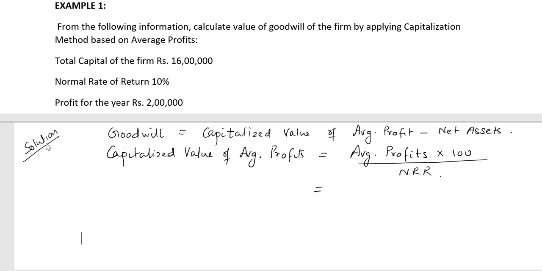So substituting the numbers, we get average profits as rupees 2 lakh into 100 divided by 10. Therefore, the capitalized value of average profits is rupees 20 lakh.